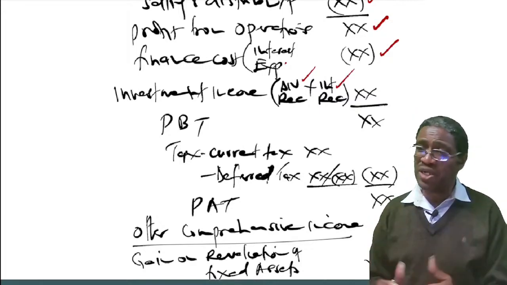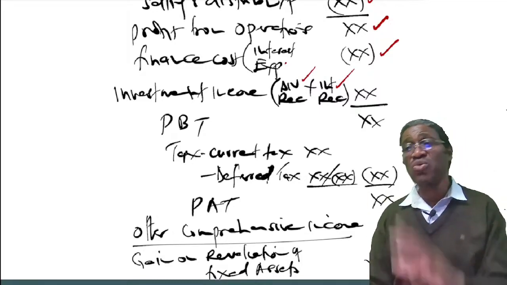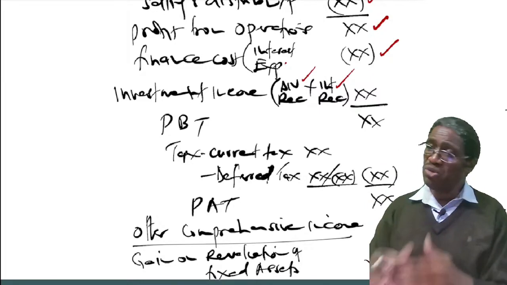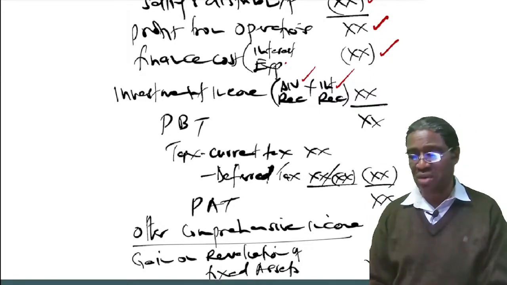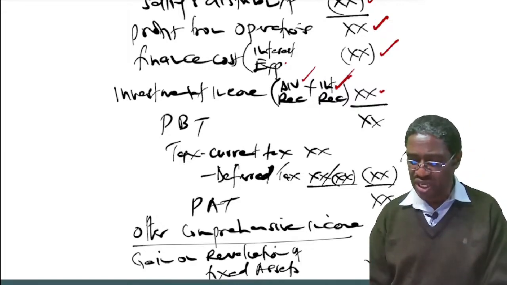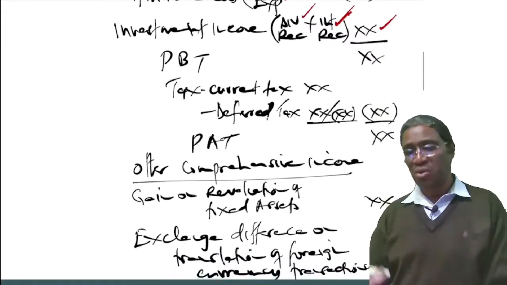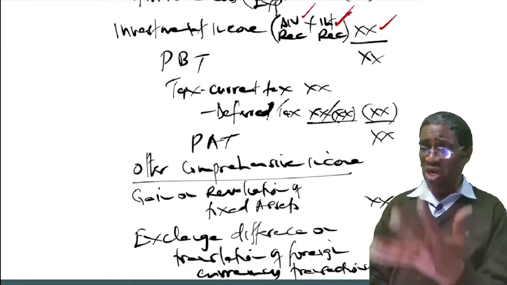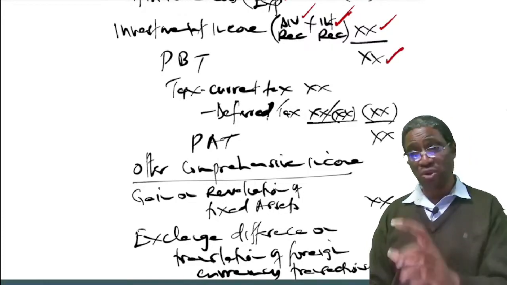Maybe as a company, you have bought some treasury bills or bonds and they're giving you interest income. Or maybe you have put some money in a fixed deposit somewhere and it's earning you interest income. Whatever is the interest income or interest received, put it there. Then the total of the investment income. Once you get the investment income and you add, you get what we called profit before tax.